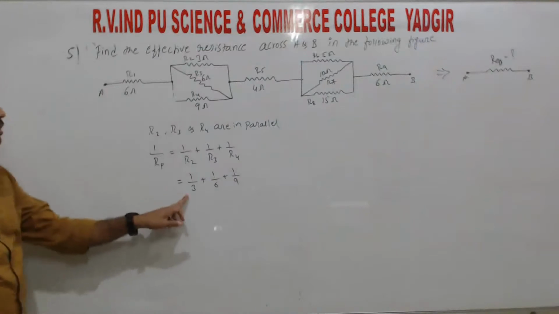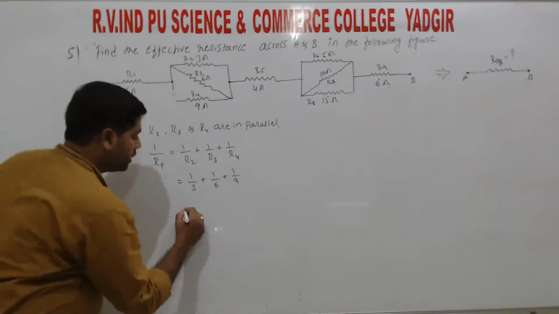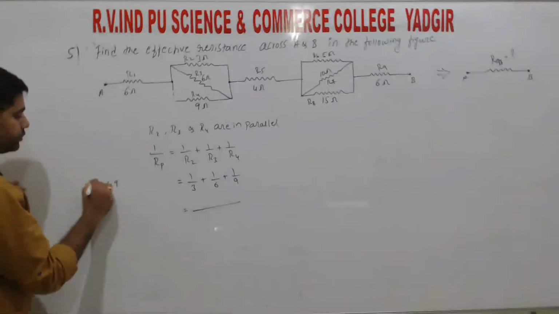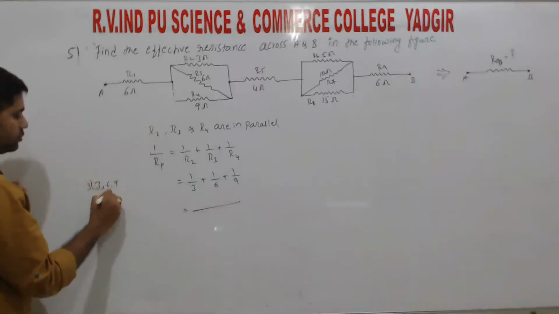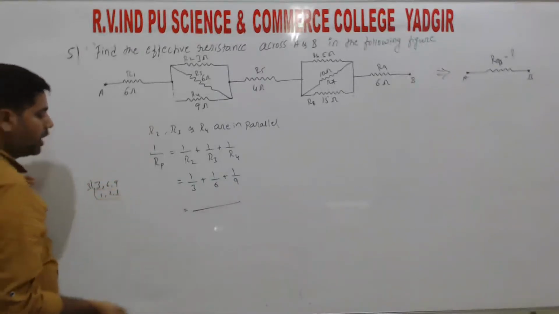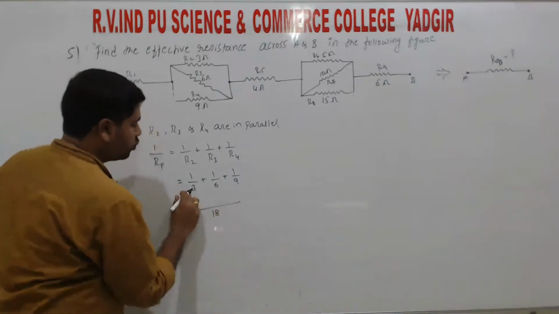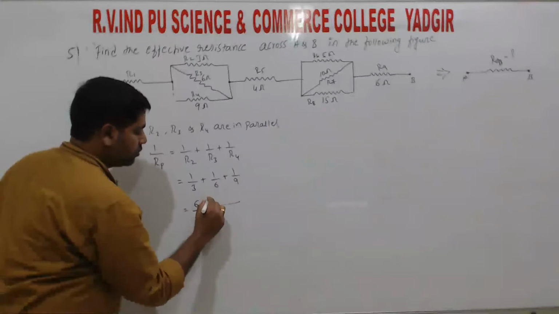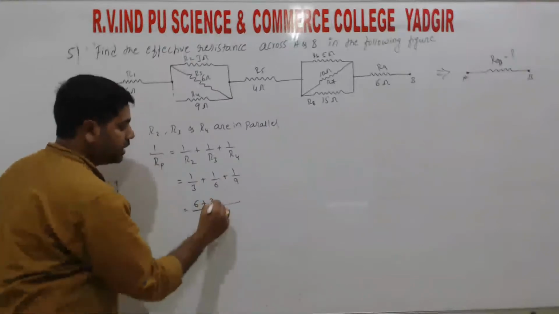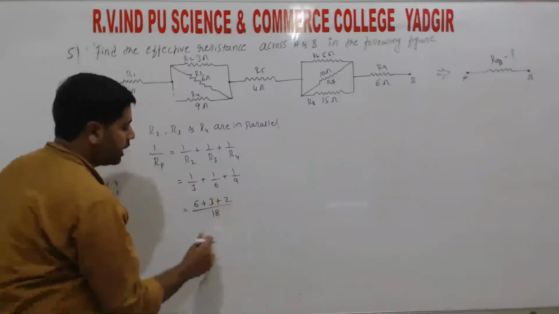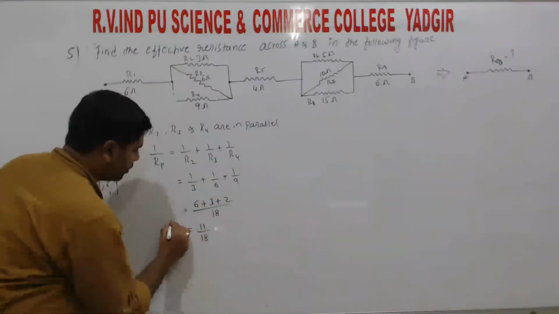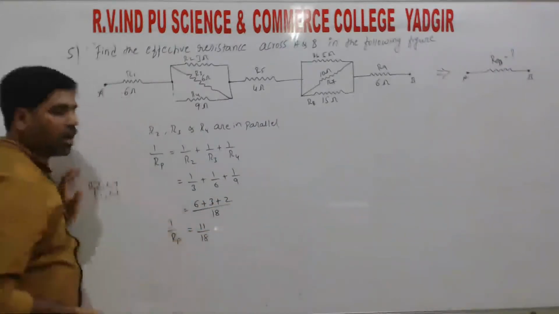Right? So if we take the LCM here, 18 is the LCM. So 3 sixes are 18, 6 threes are 18, plus 9 twos are 18. So 9 plus 2, 11 divided by 18. That is 1 divided by Rp.